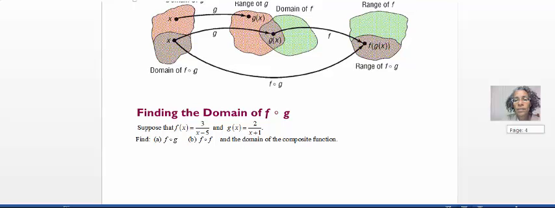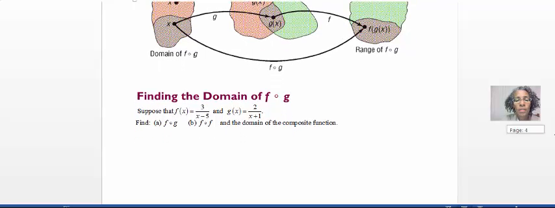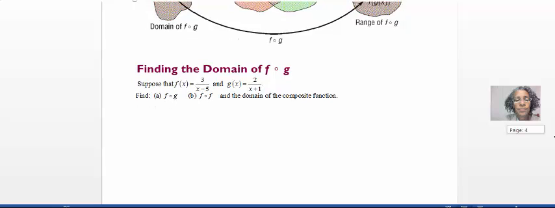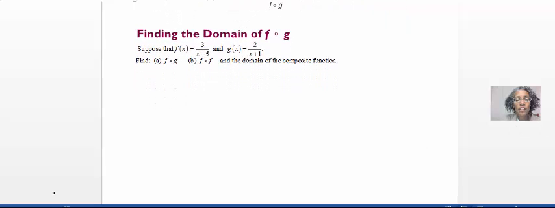All right, so let's take a look. I want to find the domain of f of g if f is 3 over x minus 5 and g is 2 over x plus 1.